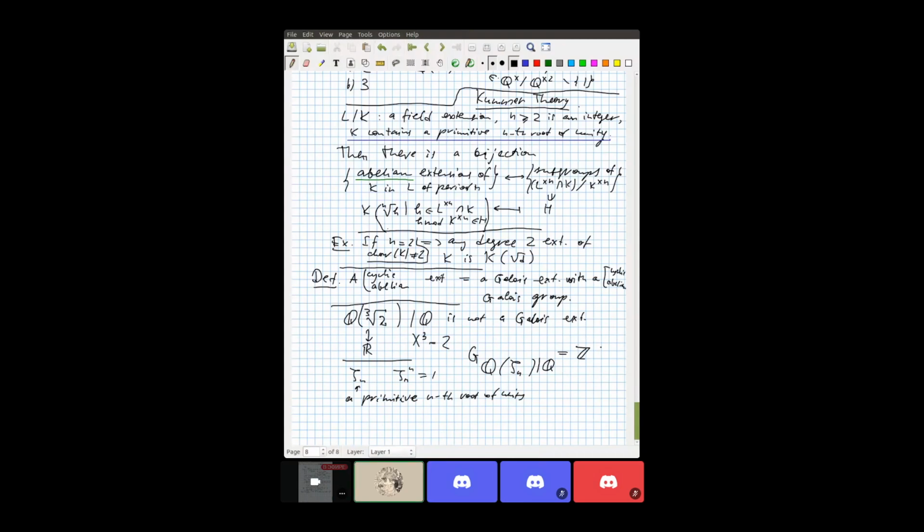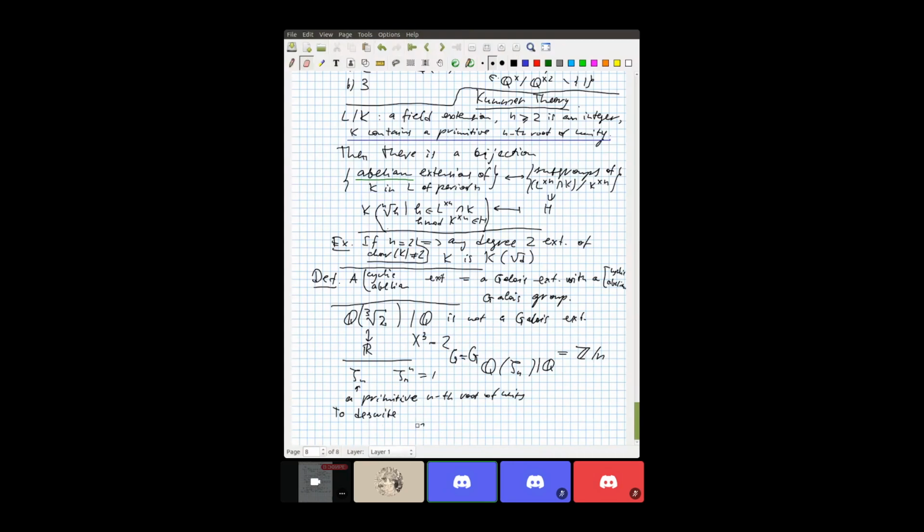Z mod phi of n, Euler's function? Well, it's not true. You see, let's think about it.